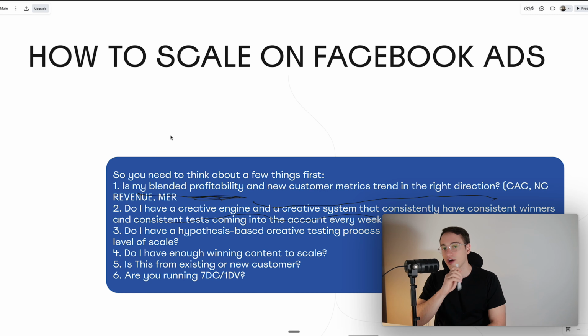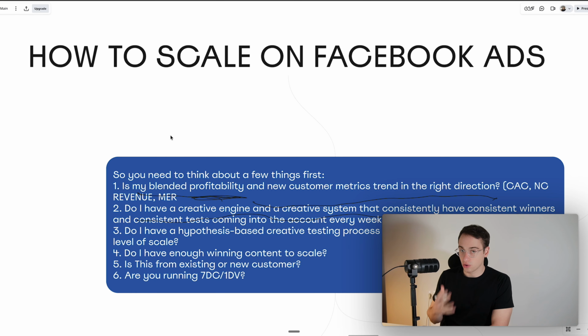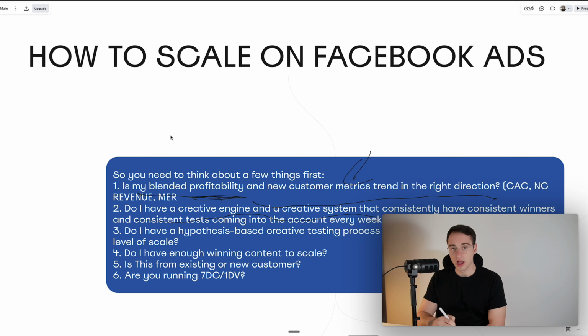What's important: do you have a creative engine to produce top of funnel ads that can actually move the needle forward? If the answer is no, it doesn't mean that, if you have great blended efficiency and some room to push spend, you shouldn't increase spend.